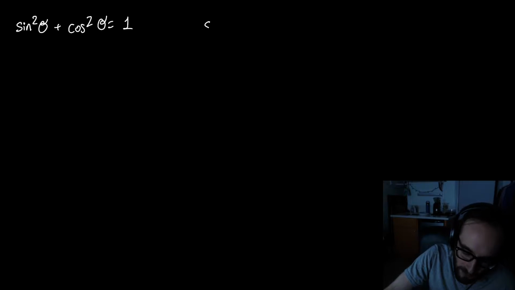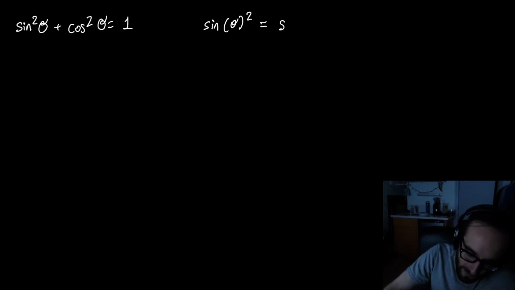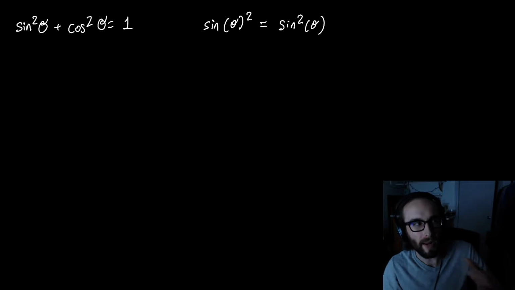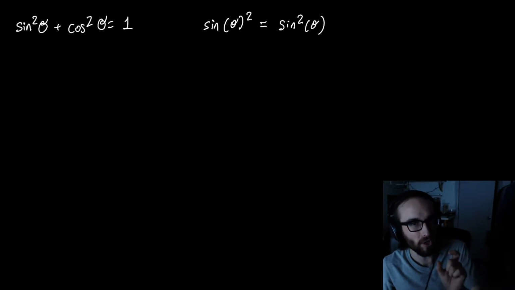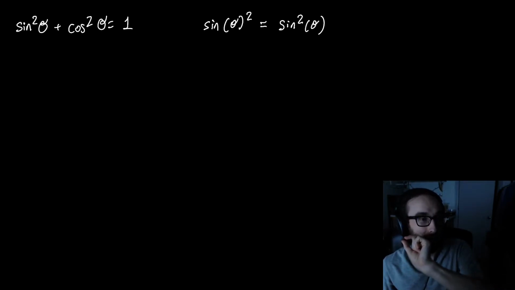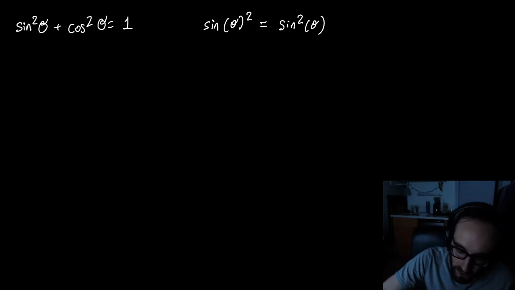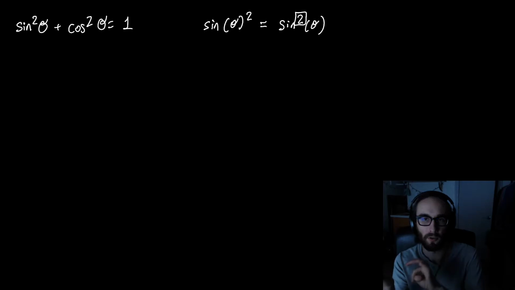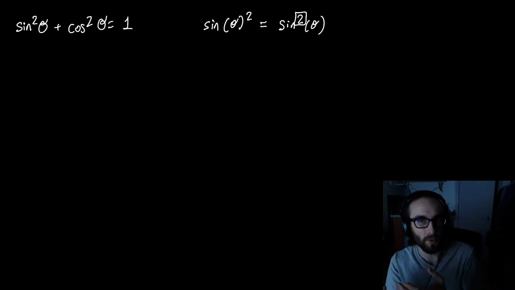And so one note is that sine of theta squared is usually written as sine squared of theta. So when we raise trig functions to a power, like squaring it, the convention is to write the power actually before we write the argument or the input into the trig function.